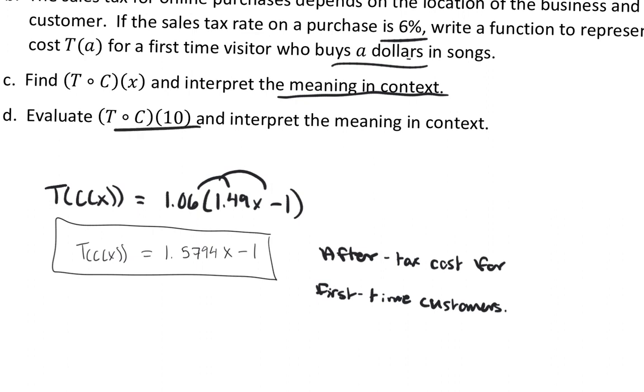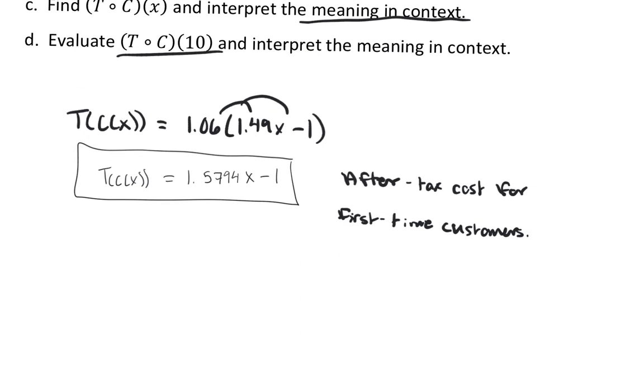Now moving on to D, we're actually going to evaluate T of C of 10. So that's going to look like T of C of 10, which is going to look like 1.5974 times 10 minus 1.